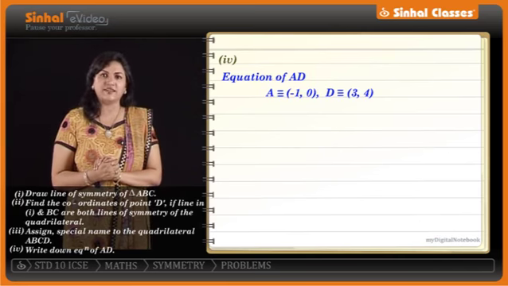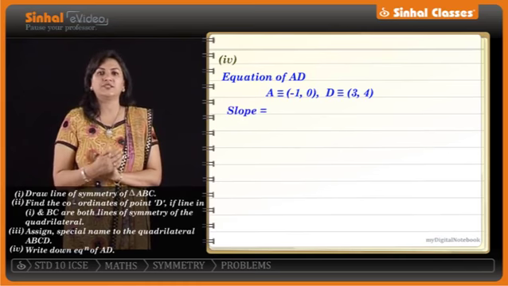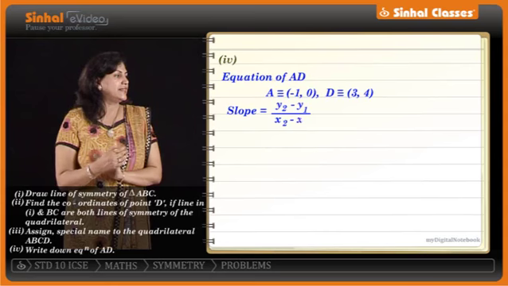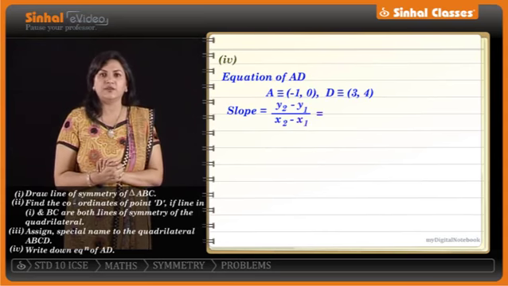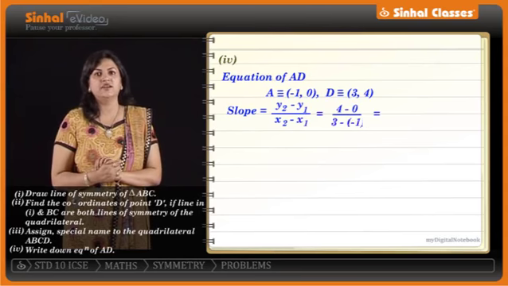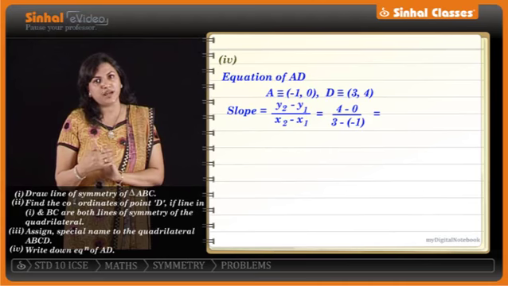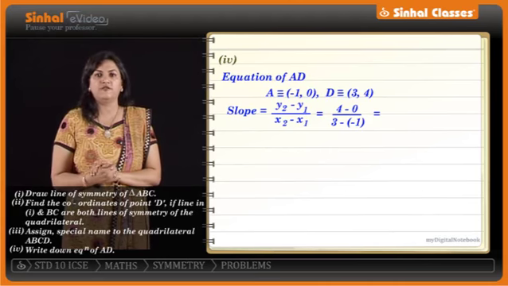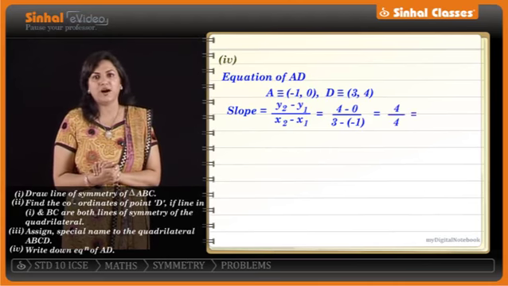So we first find its slope as y2 minus y1 upon x2 minus x1, that is 4 minus 0 upon 3 minus of minus 1, which is equal to 4 upon 3 plus 1, that is 4 upon 4, which is nothing but 1.